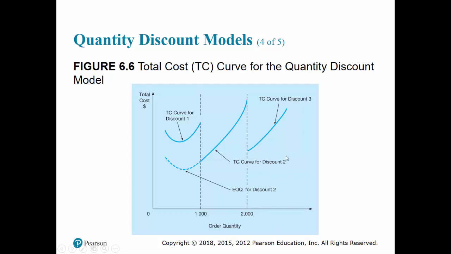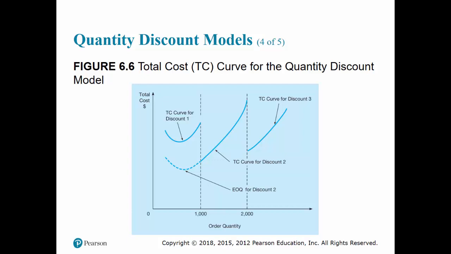Because of this discontinuity in the cost curve, we cannot derive a single formula for handling this situation. So we have to come up with what is called a quantity discount algorithm. You have to do this step by step. Your textbook does it in one way, but I think a more straightforward way is what I'm going to present, at least what I think is straightforward.